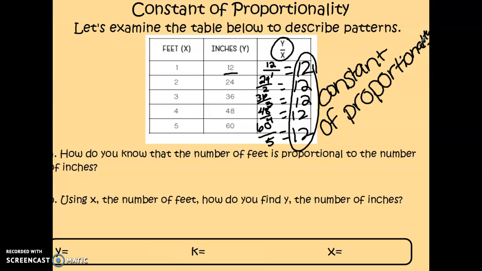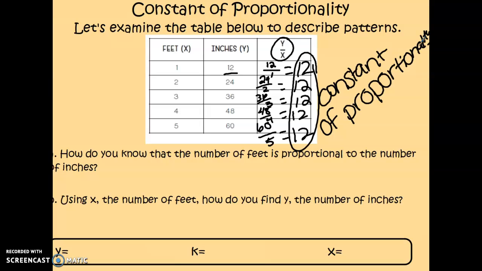Now, if you get something different, it does not have a constant of proportionality, and it's not a proportional relationship. So how do you know that the number of feet is proportional to the number of inches? I just talked to you about it. I know it because I got the same answer every time I divided y by x.